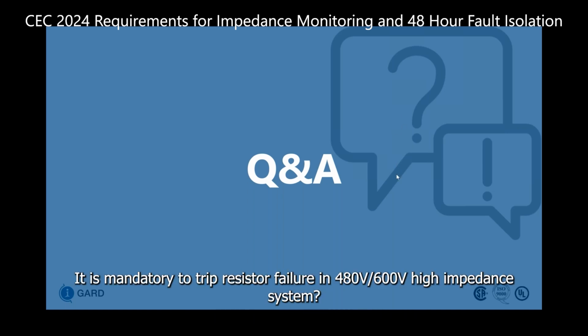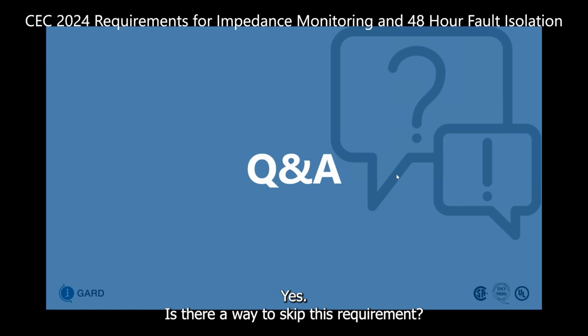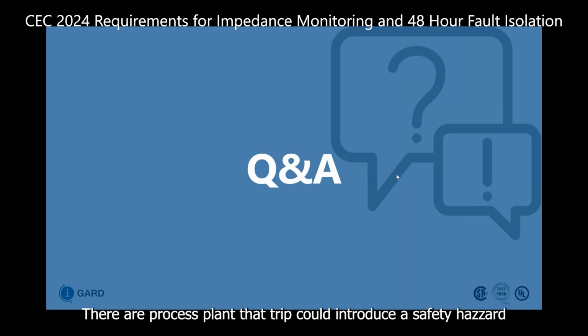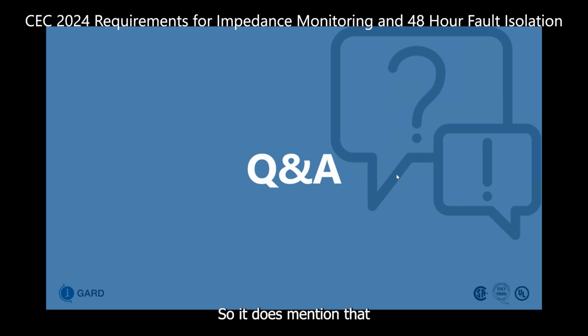It is mandatory to trip on resistor failure in 480 volt / 600 volt high impedance systems. Yes. Is there a way to skip this requirement? There are process plants where a trip could introduce a safety hazard. It does mention the conditions in which you need to provide an automatic alarm and de-energize your system.